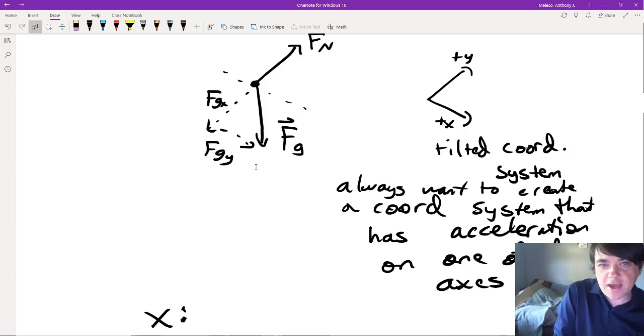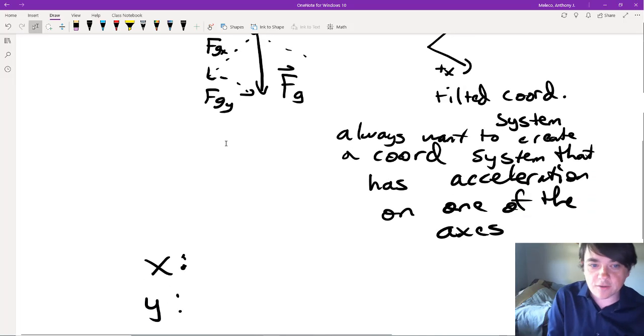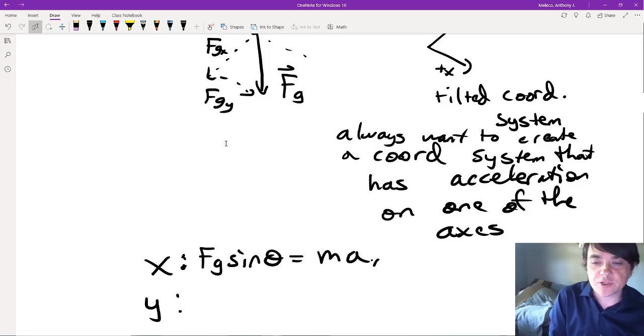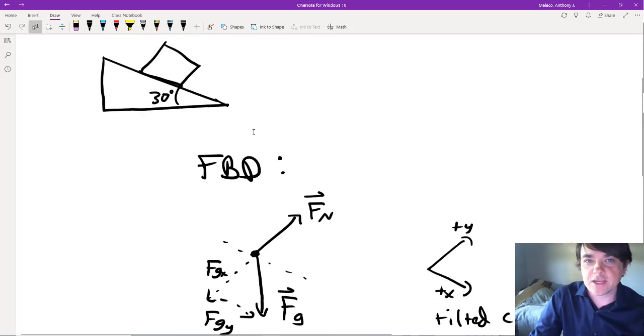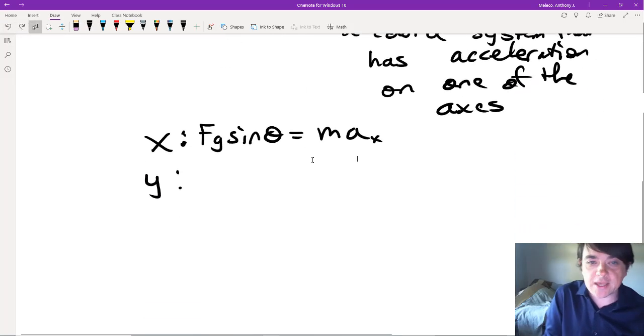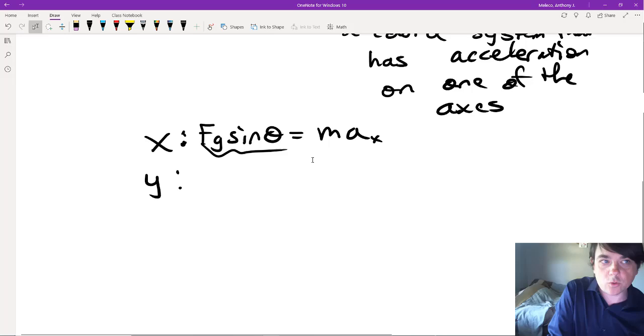We actually have, on our x-axis, the component of gravity, which is Fg sine theta. And then we have mass times the acceleration in the x. Our acceleration, again, is down the ramp, fully in the x direction. I will explain this shortly.